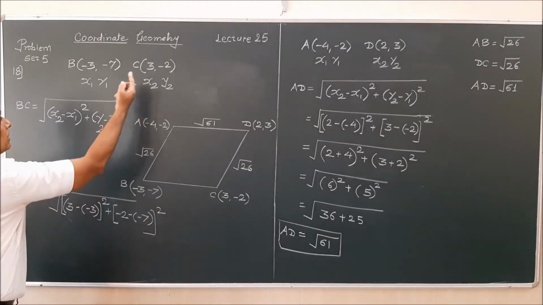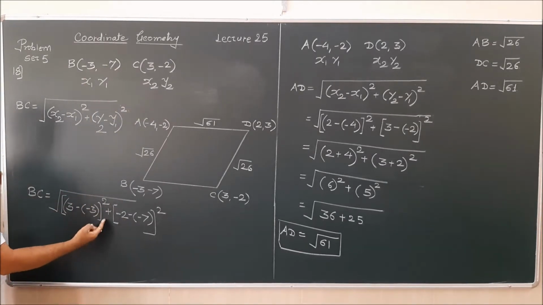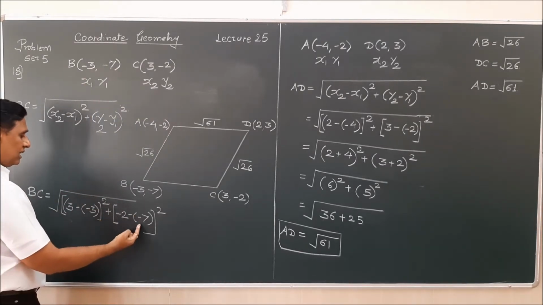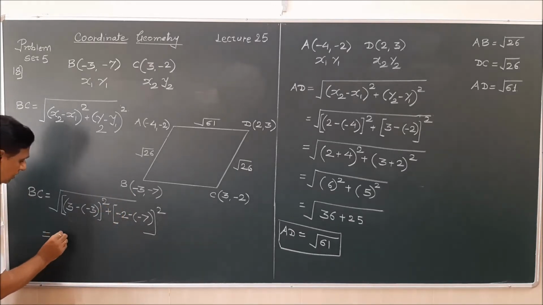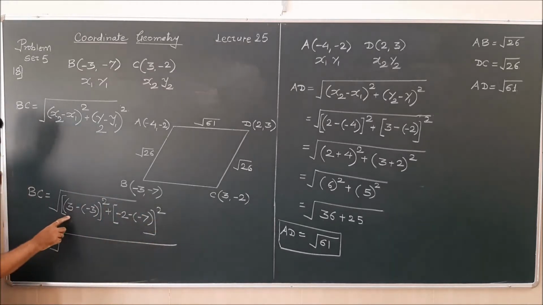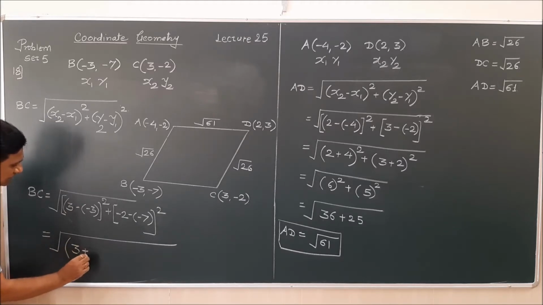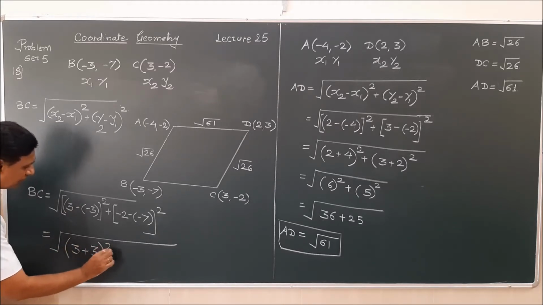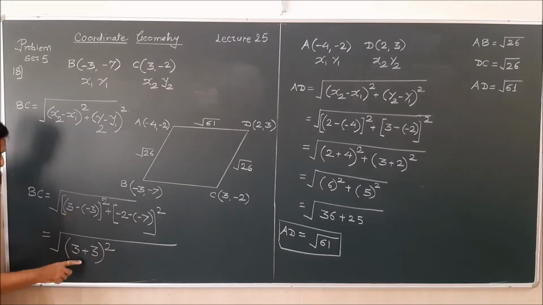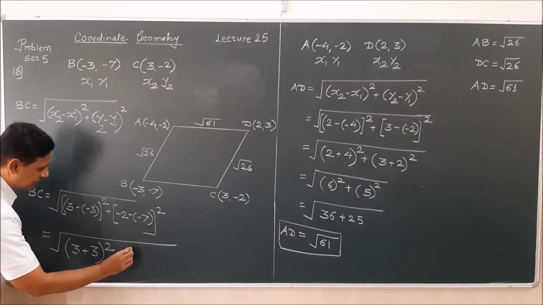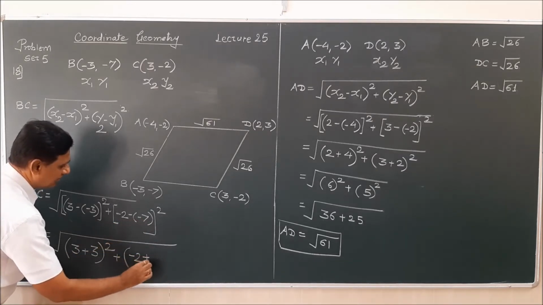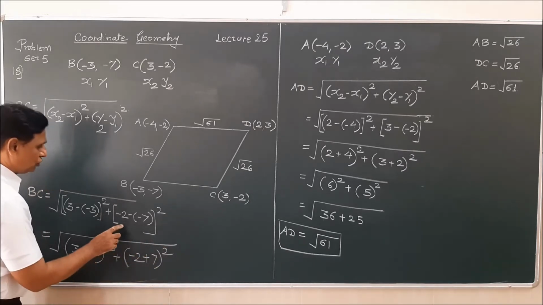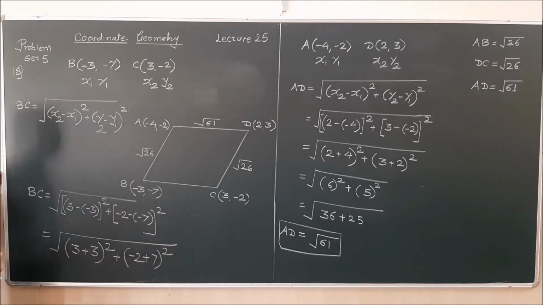Try to understand again. 3 minus of minus 3 the whole square plus minus 2 minus of minus 7, minus into minus is plus. So that gives us root of 3 plus 3 the whole square plus minus 2 plus 7 the whole square.